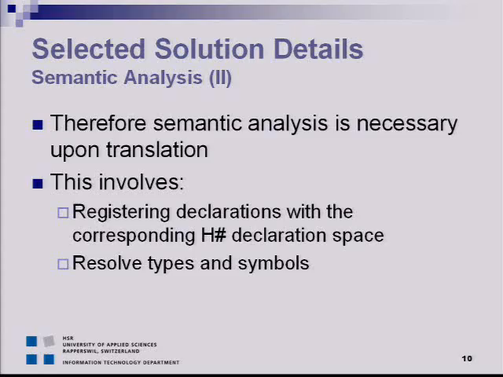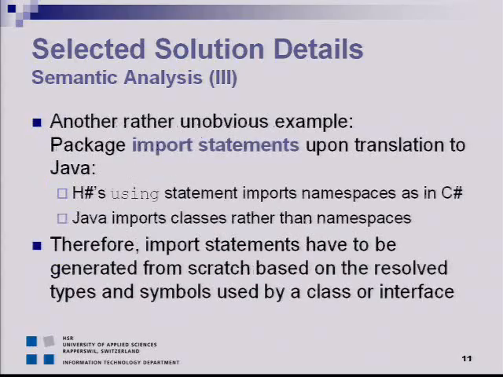This involves the registration of the different types in a declaration space and resolving those types and symbols when they're used in the code, as we've seen before. Another example would be the import statements.